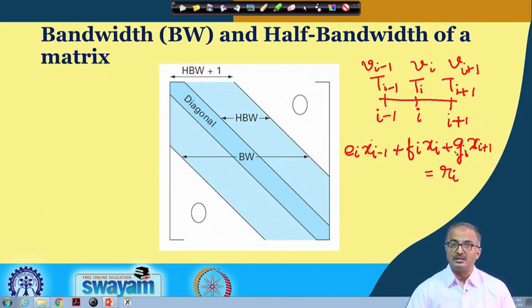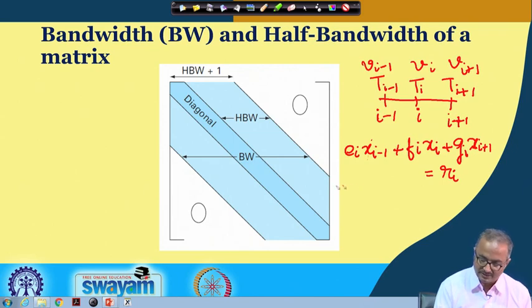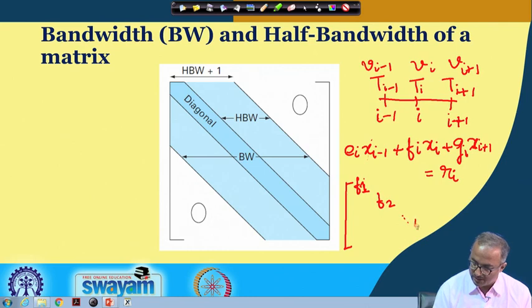So when you write this kind of equation for the whole system, you find that you get a system of matrices which will look like this: you will get F1, then F2 up to say Fn. Okay. Now I goes from 1 to n, and on this side you will have E2, on this side you have G1.